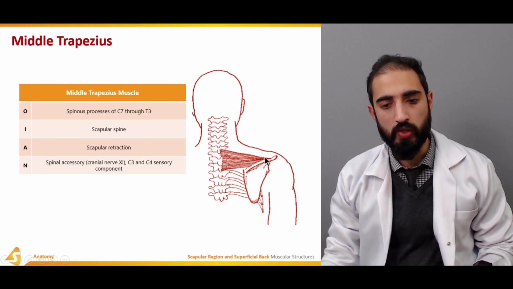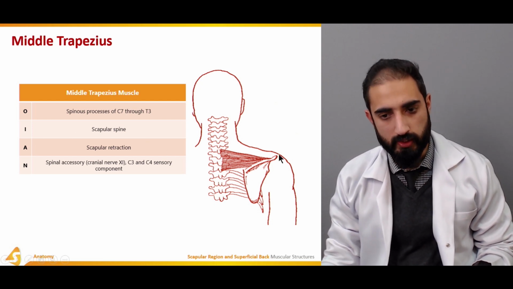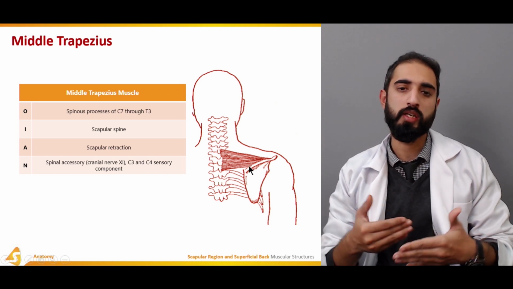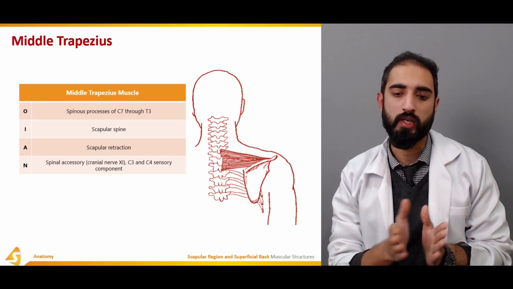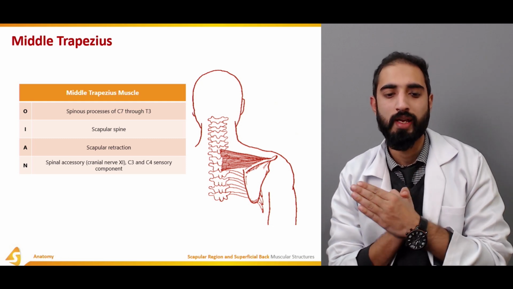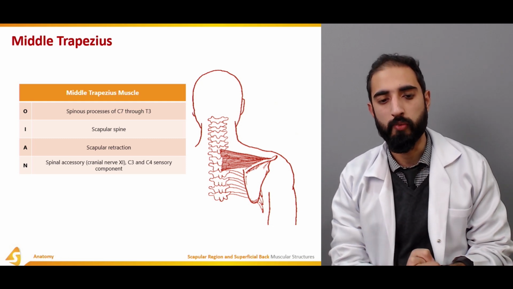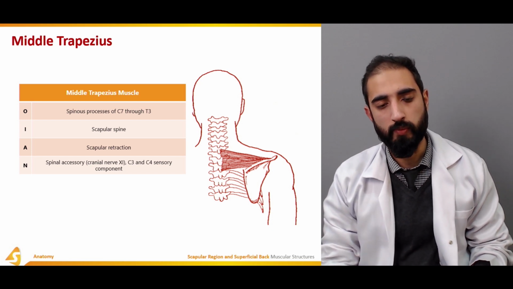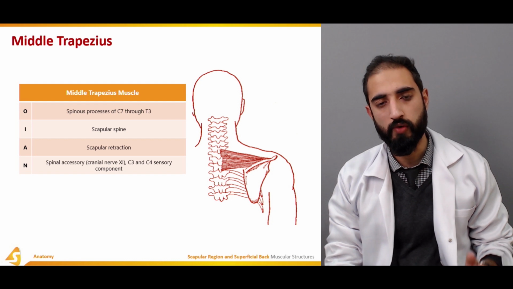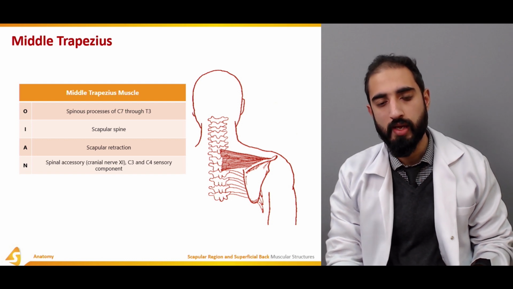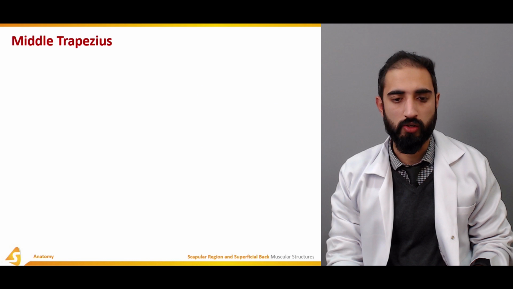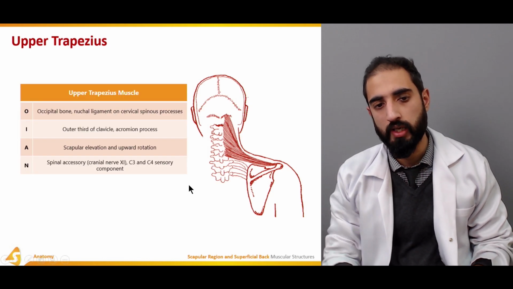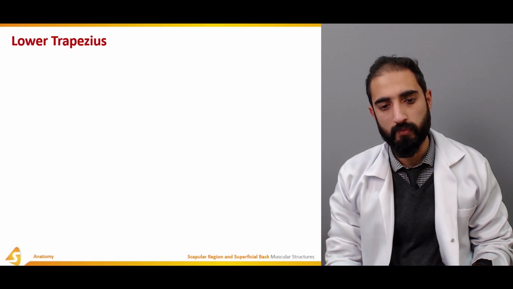The insertion is on the scapular spine, specifically the superior aspect of it, and as it is in the center and its fibers move from medial to lateral, its action is scapular retraction. The nerve supply is the spinal accessory nerve, which is also known as the 11th cranial nerve, and the C3 and C4 sensory component. And the same is the case for the upper trapezius as well.